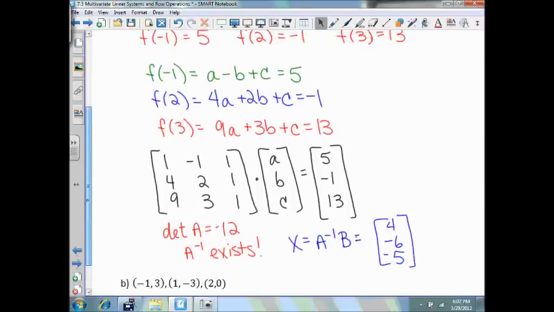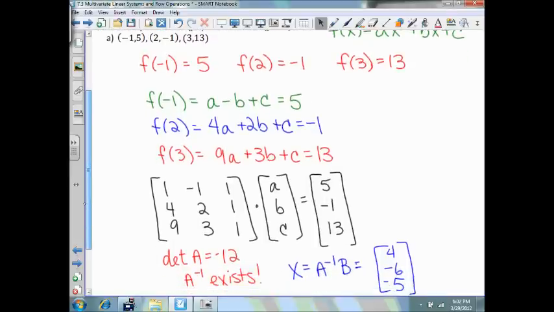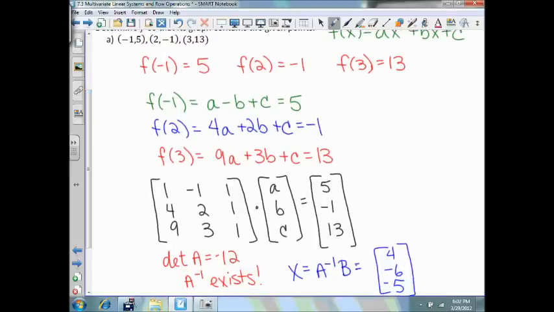So those are our values for a, b, and c. Plugging these into ax squared plus bx plus c, f of x will equal 4x squared minus 6x minus 5.